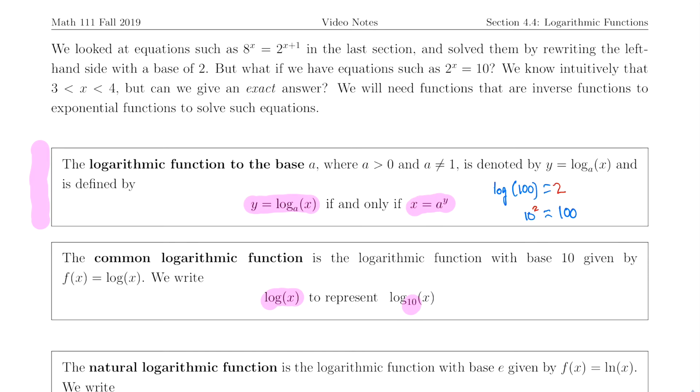And so the logarithm to the base e also gets a special name, and that is called the natural logarithmic function, or the natural logarithm. It is denoted by simply writing ln. In Latin that would be logarithm naturalis, that's where that comes from. But it basically just simply means logarithm to the base e.